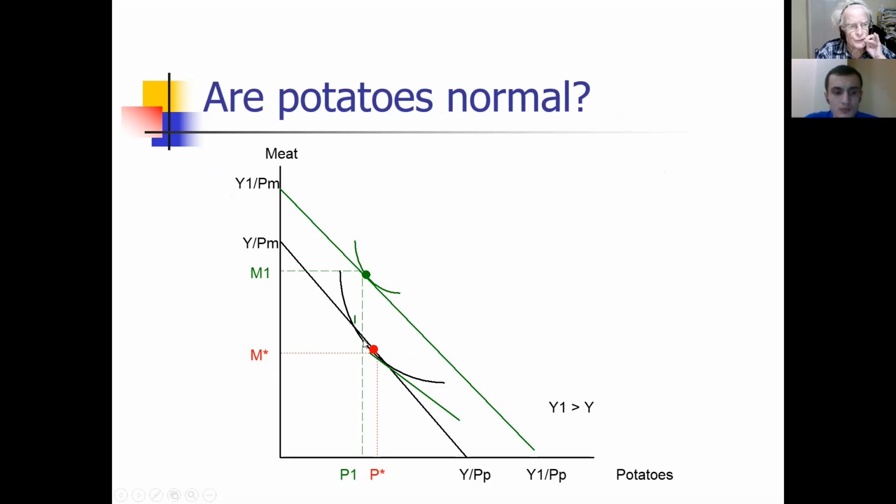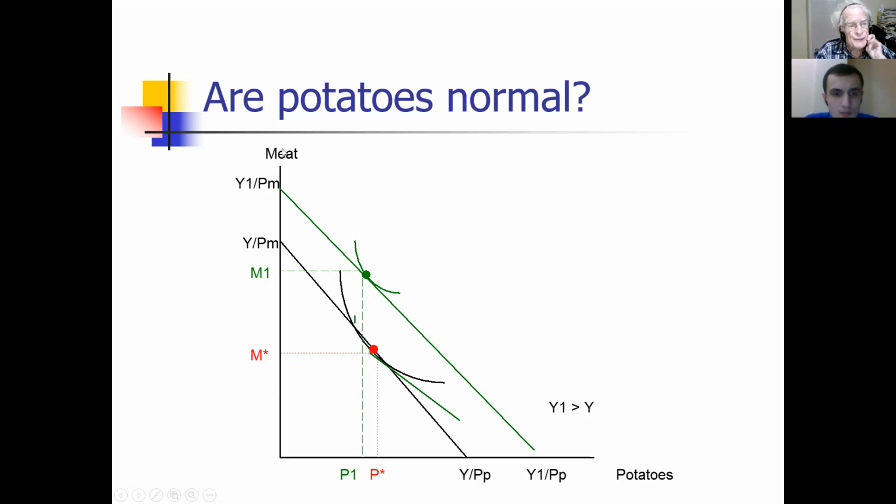So here it is for potatoes and meat. The income effect involves this shift in the budget constraint. Given prices, we consume more meat, from about right here to M1.